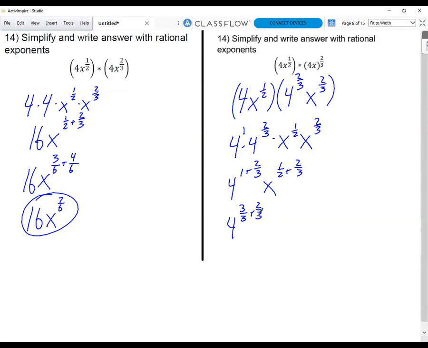X we did over here on the left, so it's going to be x to the 7/6. And then this 3 thirds plus 2/3 is going to be 4 to the 5 over 3, x to the 7 over 6. Not too much different from the first answer, but really be careful and look for where your parentheses are, because obviously I didn't when I typed this up.